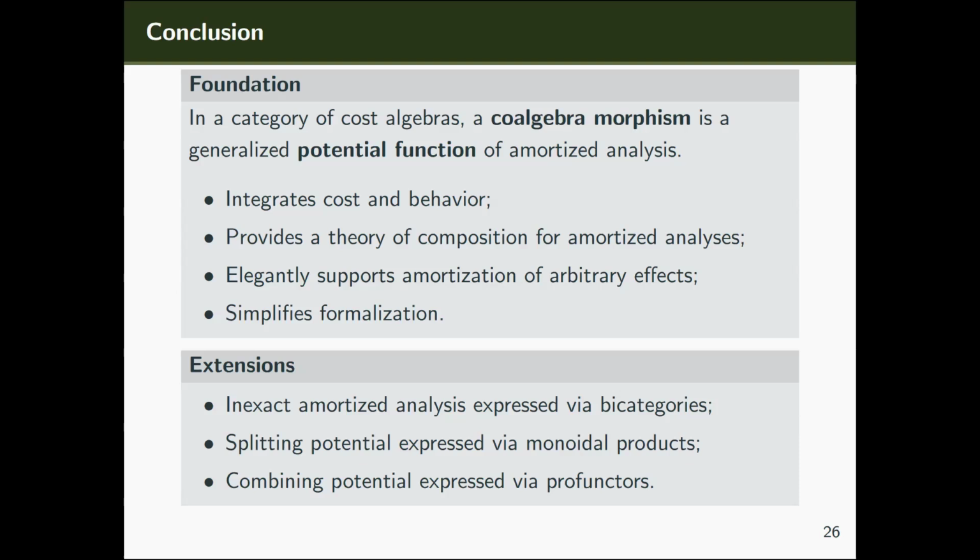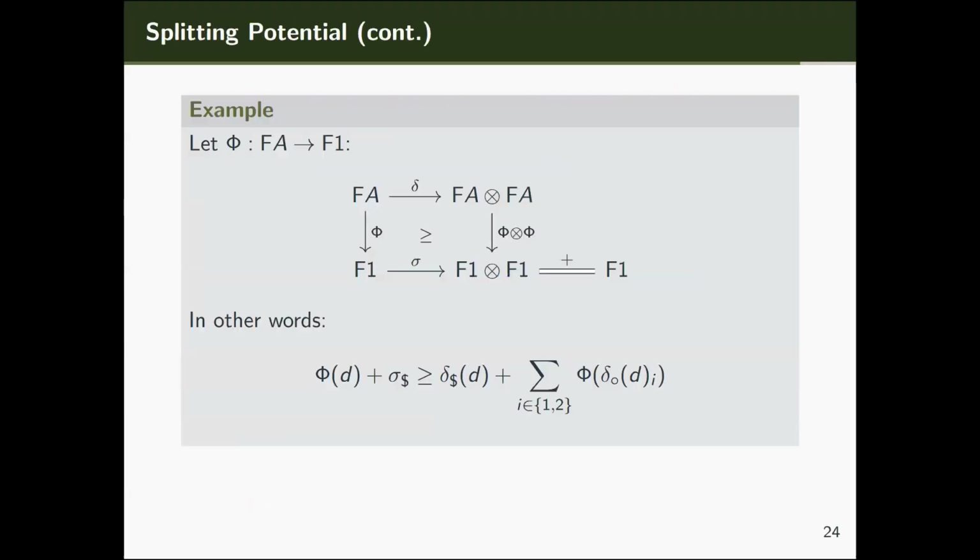There's a question from Discord. Oh, great. This person says they do not follow the cumulative condition for splitting potential, and they're asking what the intuition behind it is. Right. So the intuition is it's the same condition as before, but when you land in F of 1 tensor F of 1, you know that F of 1 tensor F of 1 is isomorphic to F of 1, and the forward direction of the isomorphism adds potential.